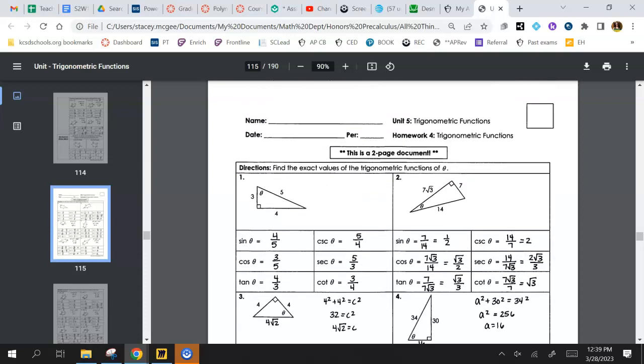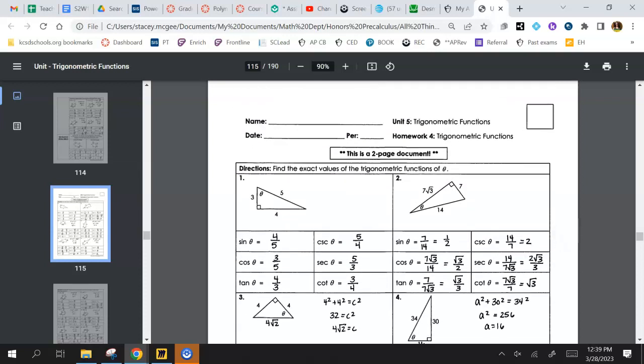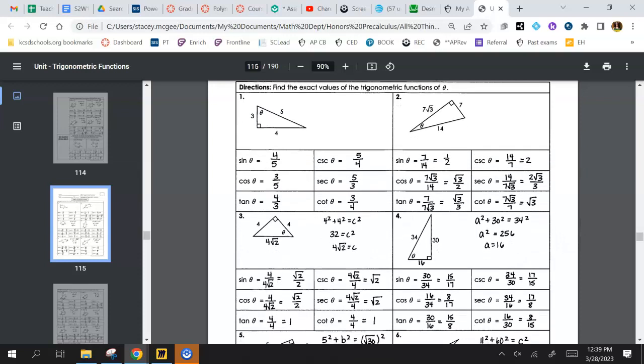That's not the right one? Wait. This is the first page. I thought you were showing us the back. Oh. That's okay. Y'all just holler when you're ready for me to scroll.